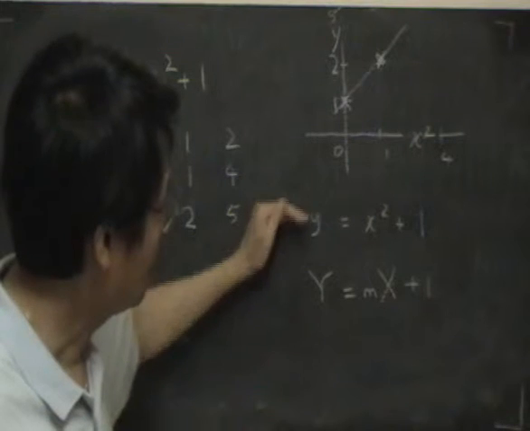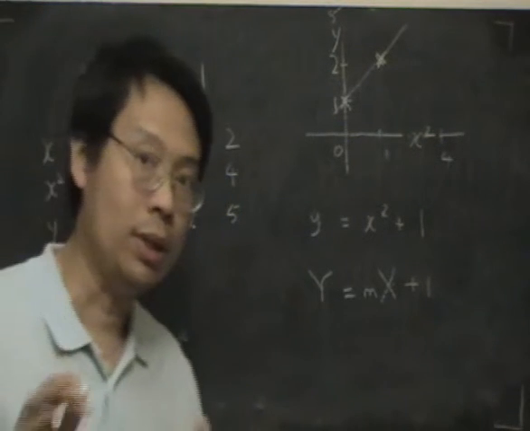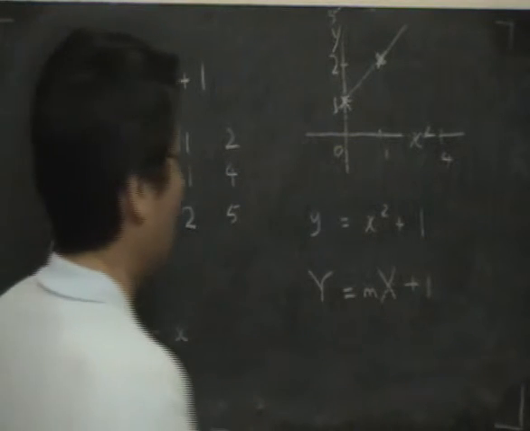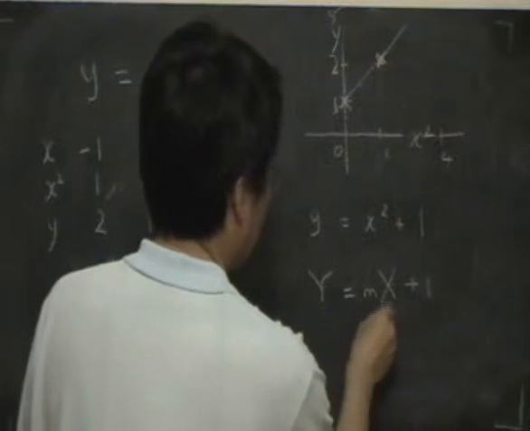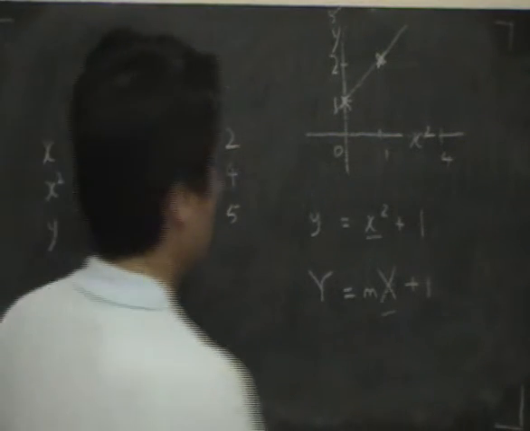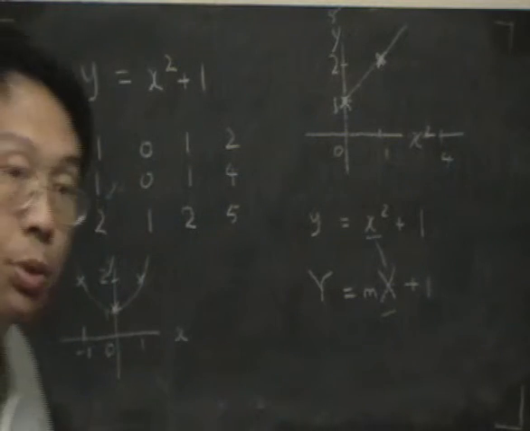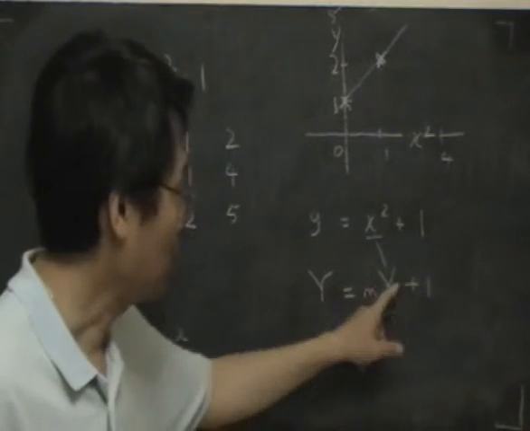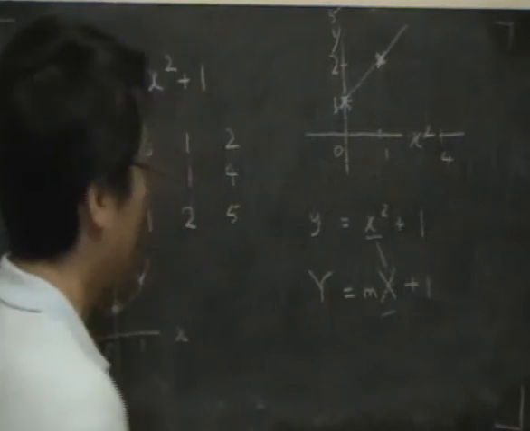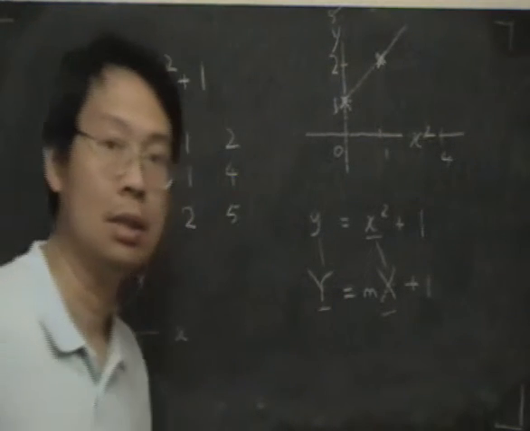Compare the two equations. What if I let the capital X be equal to x squared? Okay, so that's algebra. We can let capital X be equal to x squared. Now I let the capital Y be the y.